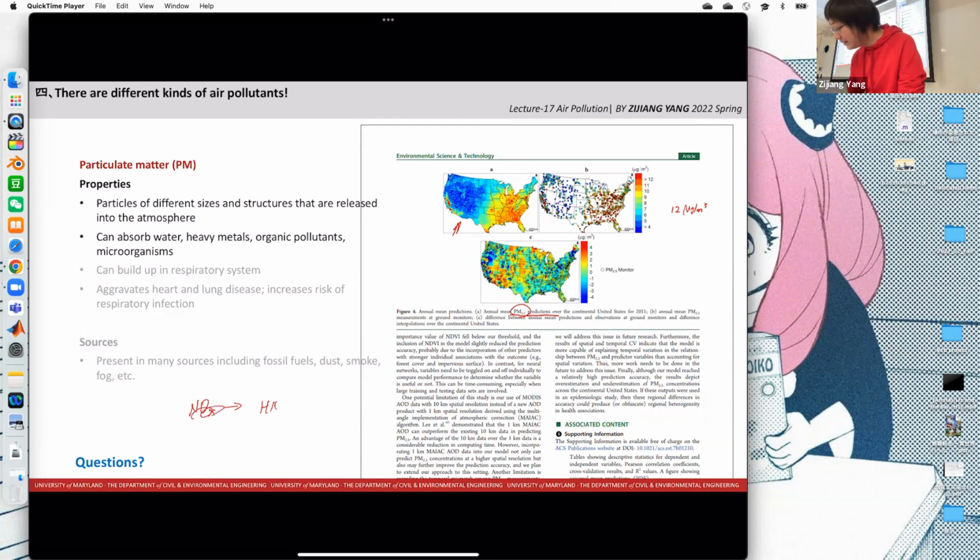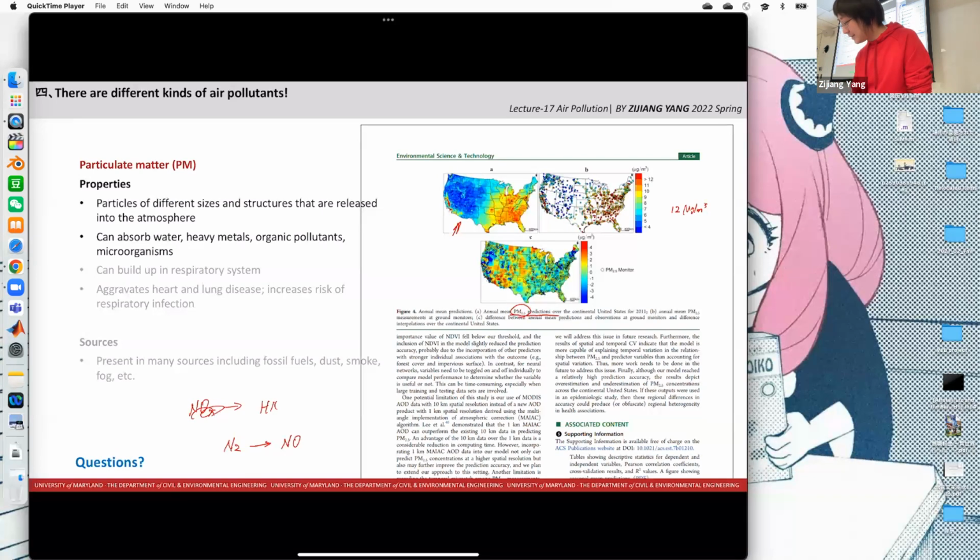For the lightning, we have nitrogen gas in the air, and because the lightning has very strong energy, it will oxidize the nitrogen gas into nitrogen oxide. So this is one of the natural sources of air pollutants.